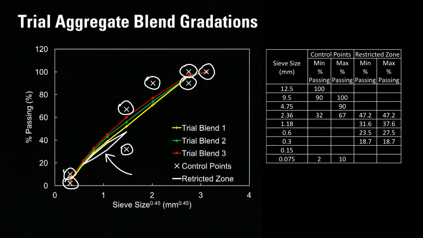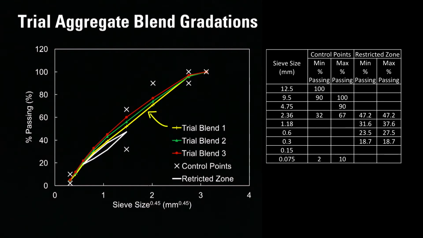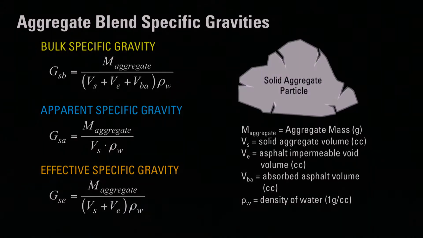We see that all three of our gradations meet the Superpave specification, and we see that trial blend 1 falls the lowest and trial blend 3 falls the highest on this scale. This indicates that trial blend 1 is the coarsest and trial blend 3 is the finest.